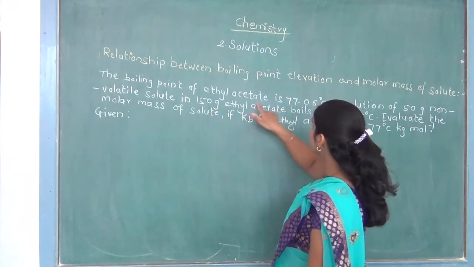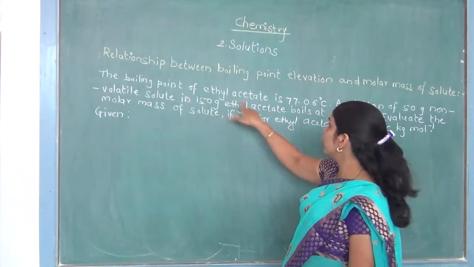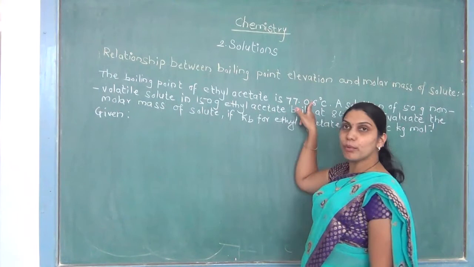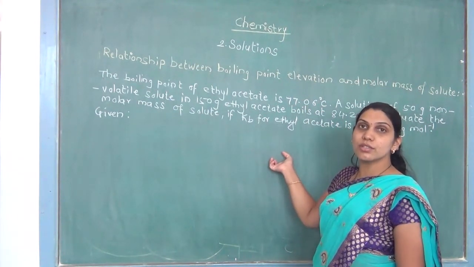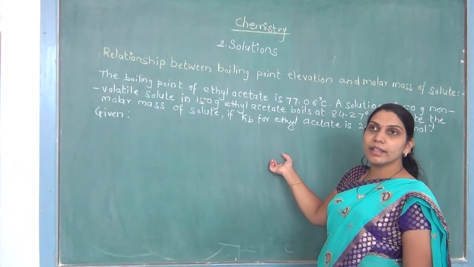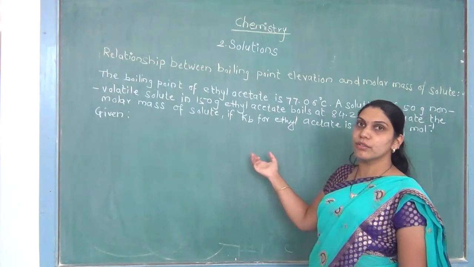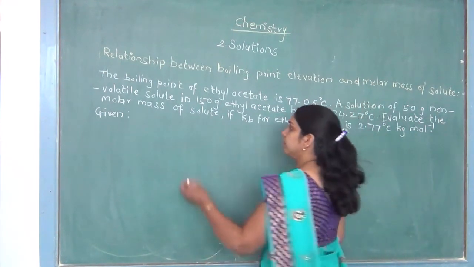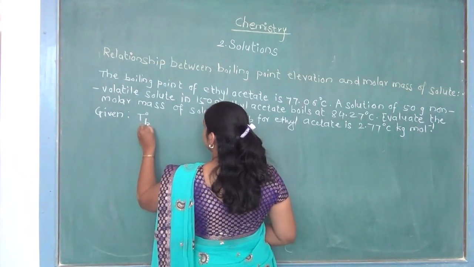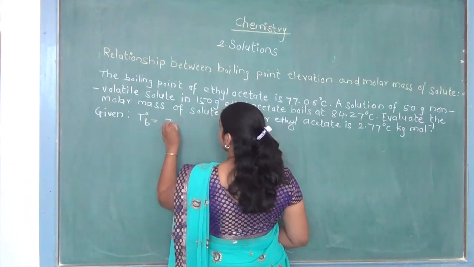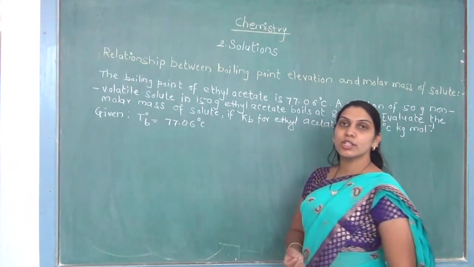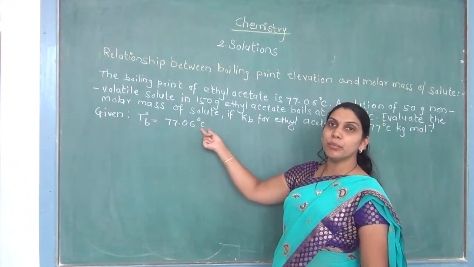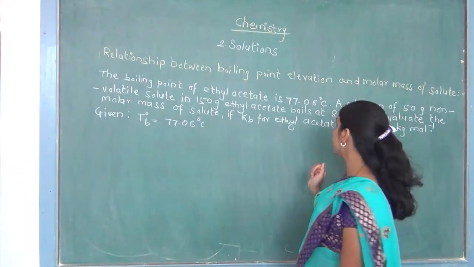First of all, it is given that the boiling point of ethyl acetate is 77.06 degrees Celsius. Here ethyl acetate is a solvent, and the boiling point of solvent is denoted as T0B. So T0B is equal to 77.06 degrees Celsius.